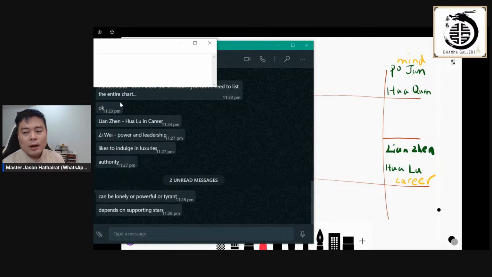Exactly, very good. That is also a very good point. For example, if Ziwei is paired with a lot of positive stars, such as 天魁、天钺、文昌、文曲、天官、天福、左辅右弼、三台八座, all these are positive stars for Ziwei. I believe you are very familiar with the Ziwei star.